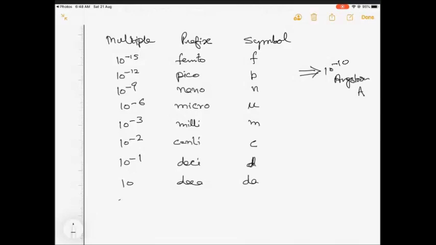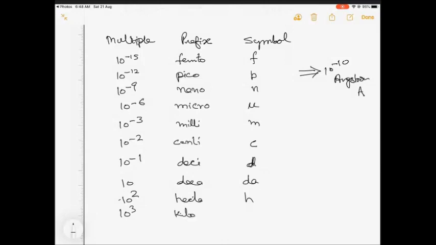Then 10 raised to the power 2, it becomes hecta. That is H. Then comes 10 raised to the power 3. This is your kilo, kilograms, kilometer, and so on.